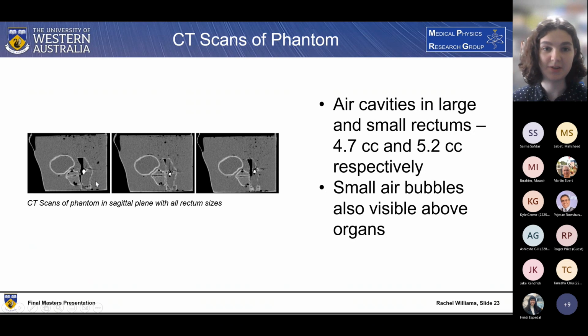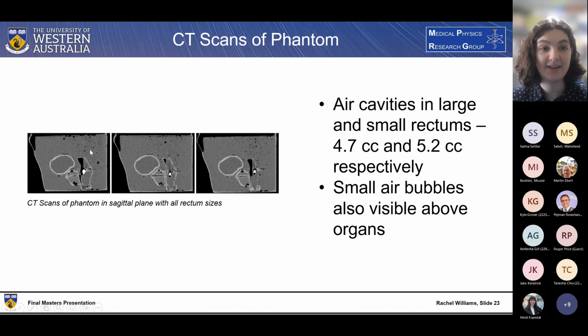Because it is not positioned directly at the top of the rectum, it's not possible to tell if the tip of the rectum has been filled correctly, and then once the phantom was rotated onto its back for the CT scans, the air cavities moved to the anterior side of the rectum. Due to this, only the medium-sized rectum was used in this experiment.